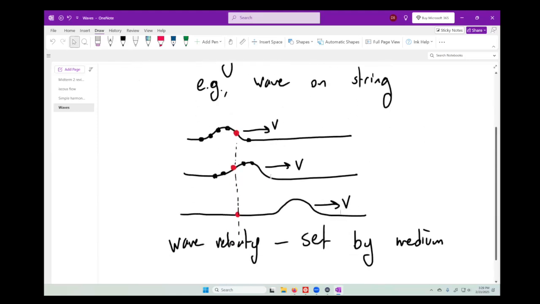All right. So we've got a wave on a string or in any other medium created by particles moving.